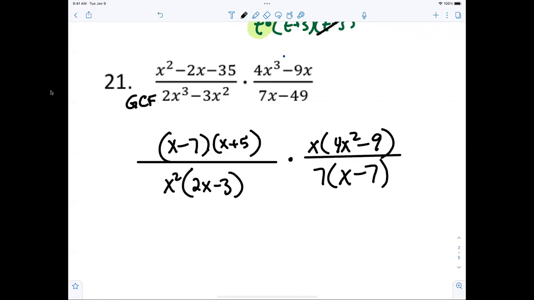X minus 7. Perfect. Now, for x squared minus 9, does that factor? Yes. Close. 2x plus 3. Now watch what I like to do. X, parentheses, 2x plus 3 and 2x minus 3.